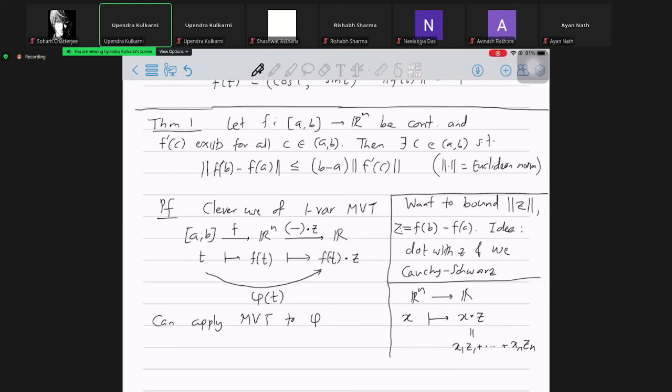Is this function continuous? It can be seen as projections. This is as nice a function as you would want. It's a linear function. Remember, those z's are even constants; they are not varying. So this is just like saying x1, x2 goes to 3x1 plus 5x2.